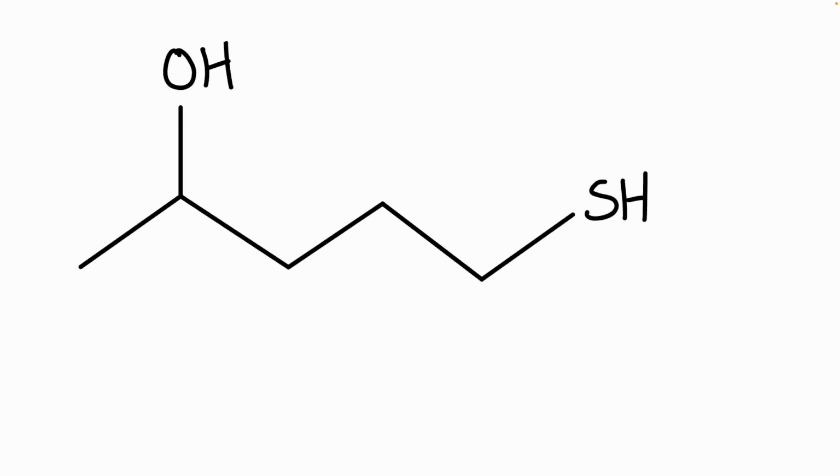I'm going to find my parent chain. 1, 2, 3, 4, 5 carbons. I'm going to number my parent chain, 1, 2, 3, 4, 5, and again 1, 2, 3, 4, 5. Which one of these numbering schemes am I going to pick, red or blue? Blue, because my thiol group is no longer special.